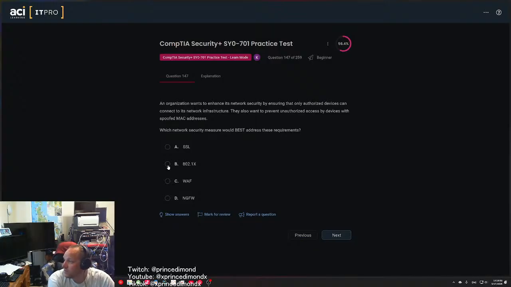So authorization is not the same as authentication. So you have a web application firewall, next-gen firewall, and 802.1x authentication.